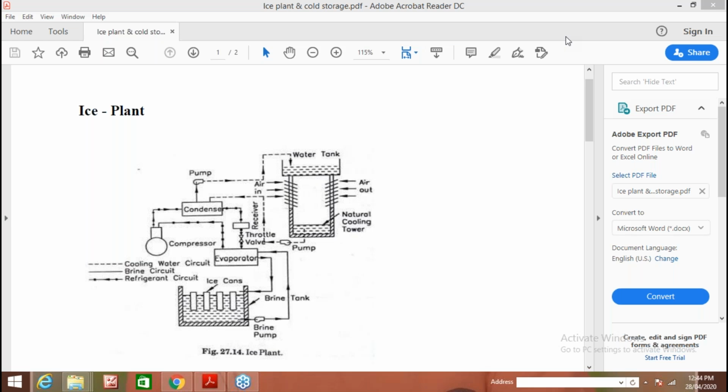So it is very simple. If you understand the diagram, we get everything. Brine takes heat from water to convert it into ice, and brine loses its heat in the evaporator to the refrigerant. The refrigerant loses that heat in the condenser. Okay. Important things: ammonia is used rather than F12.